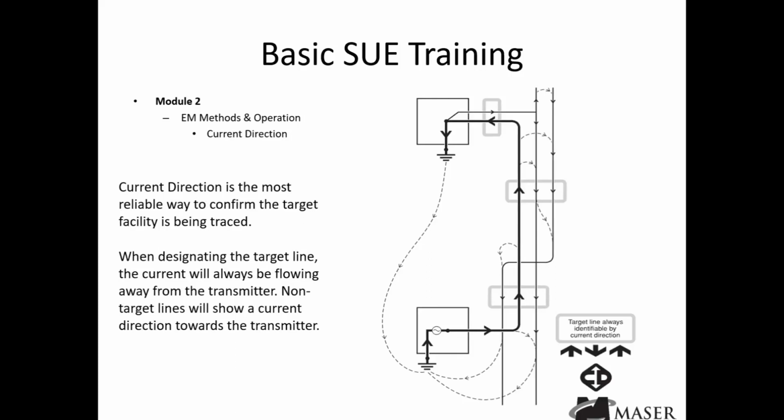Current direction is another issue that can help you diagnose your signal. As I talked about early on, the current always flows from your transmitter away from you, okay? In this graphic, you'll notice the darker line.